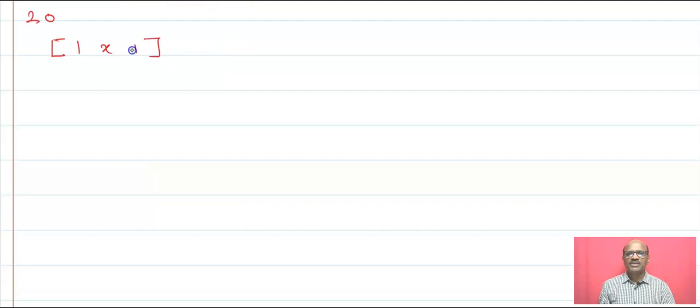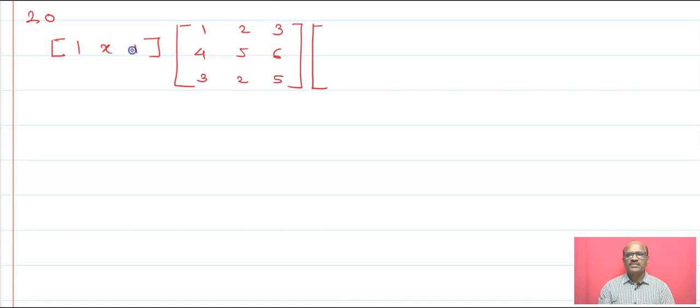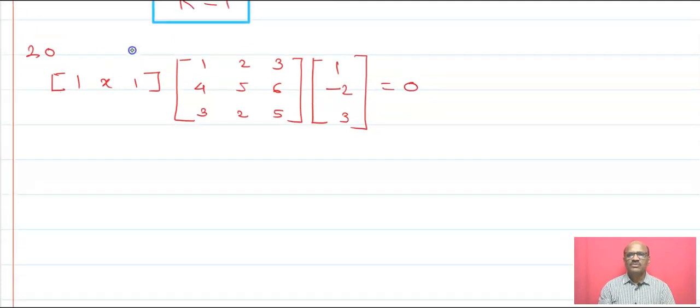Example number 20. The matrix [1, 2, 3] times [1, 4, 5; 6, 3, 2; 5, 1, -2; 3] times [x, 2, 1] equals 0.